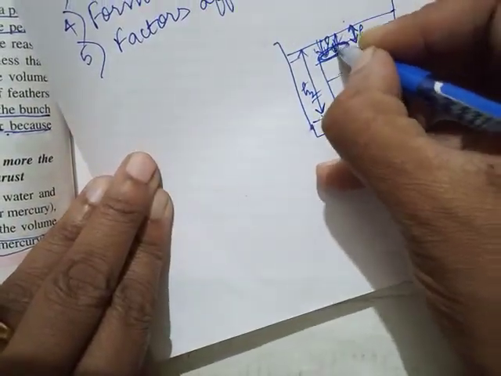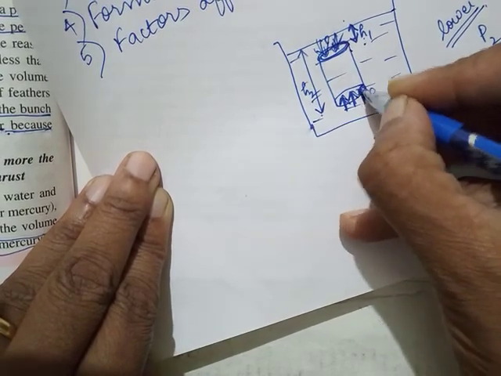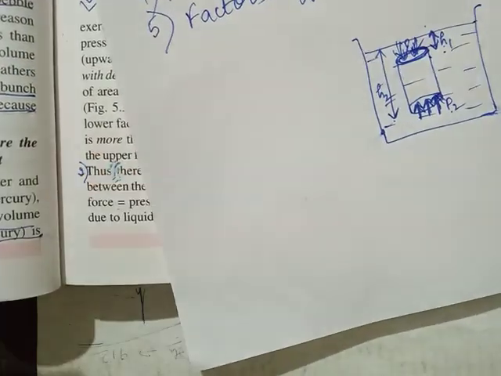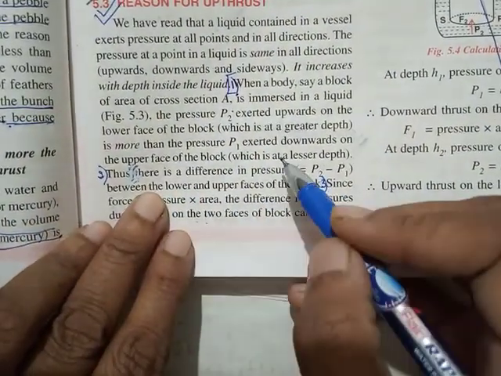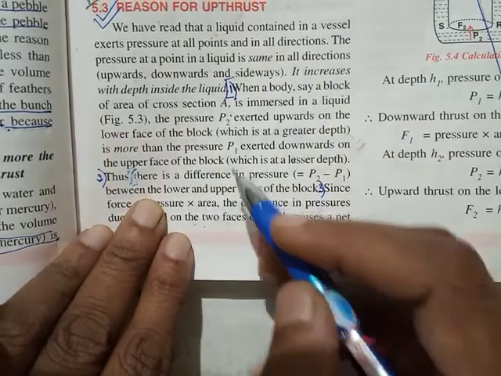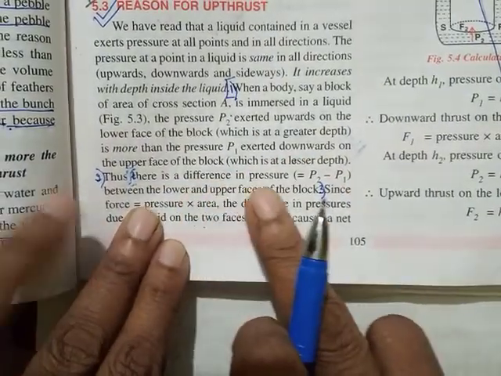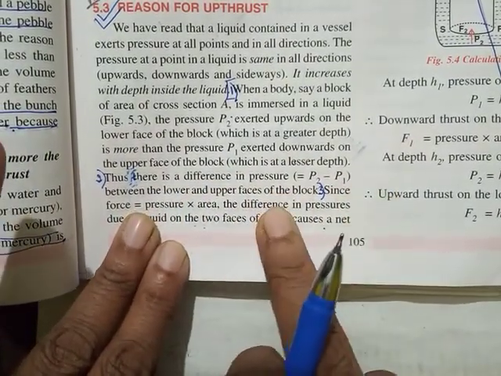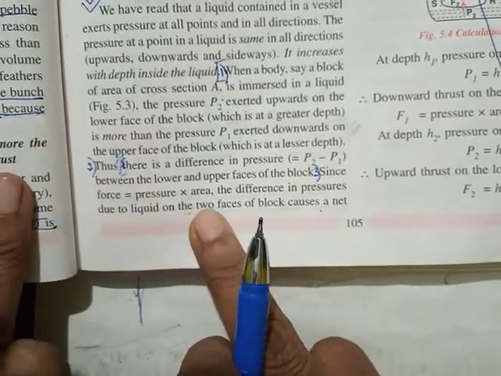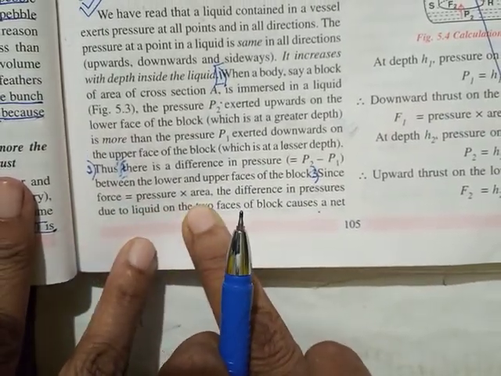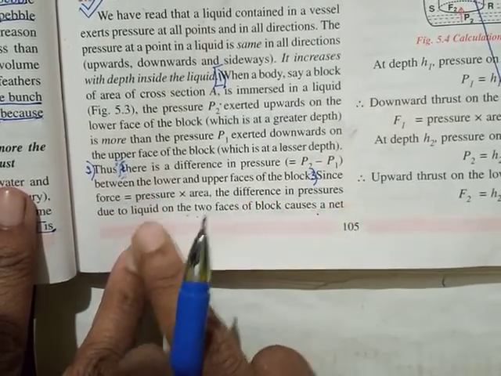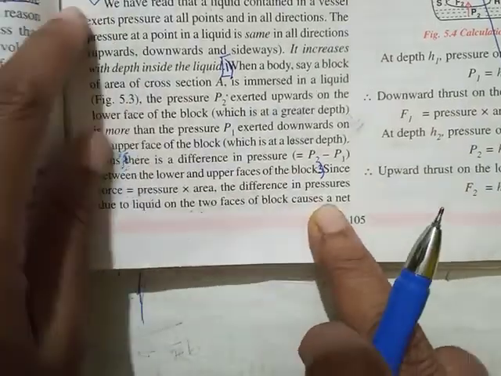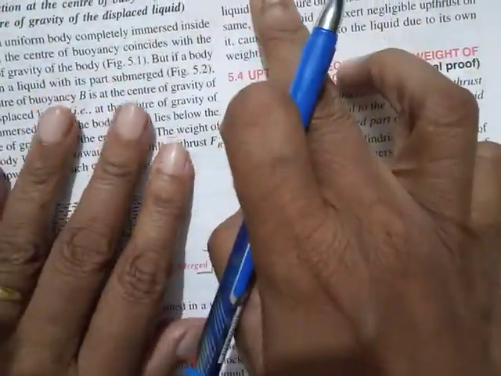P1 is acting in the downward direction, and we are considering P2 acting in the upward direction. Now, P2 is greater than P1 because h2 is greater than h1. That was the first point. Thus, there is a difference in pressure between the lower and upper faces. Since force is pressure into area, that is, force is directly proportional to pressure, the difference in pressure on the two faces causes a net upward force.